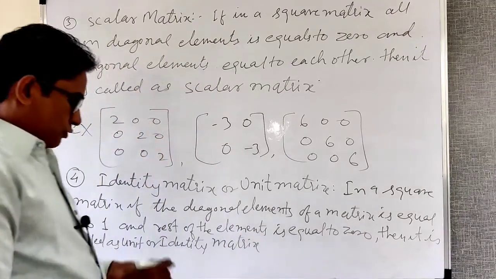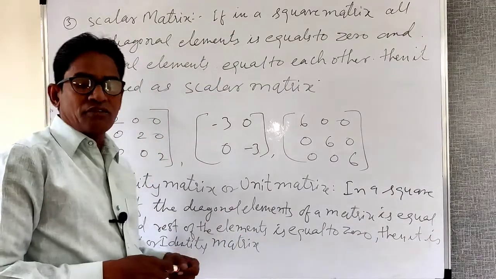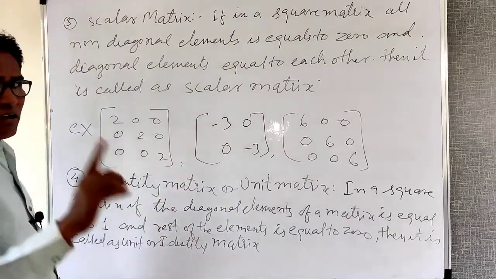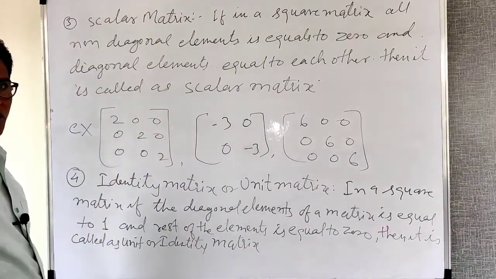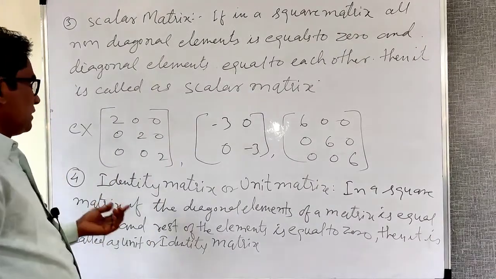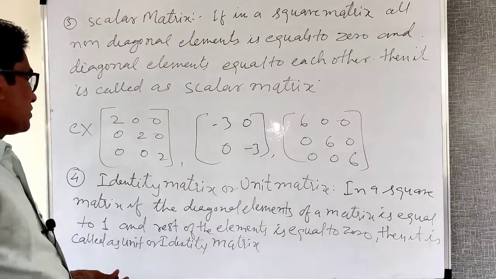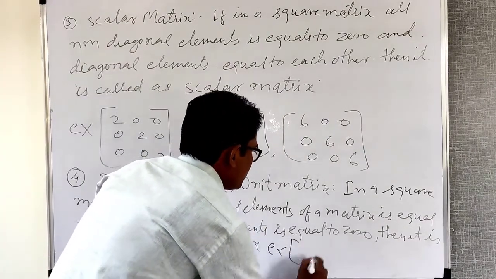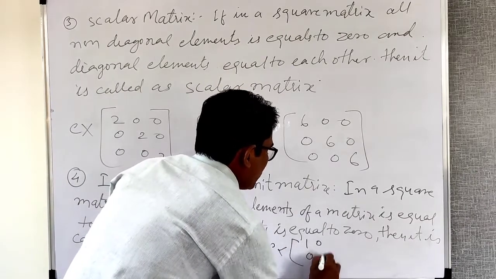So what is an identity matrix? A square matrix in which only the diagonal elements are 1 and the remaining elements, or the rest of the elements, are equal to 0. Then only we can say that the given matrix is the identity matrix or unit matrix. Take the example 1 0, 0 1.